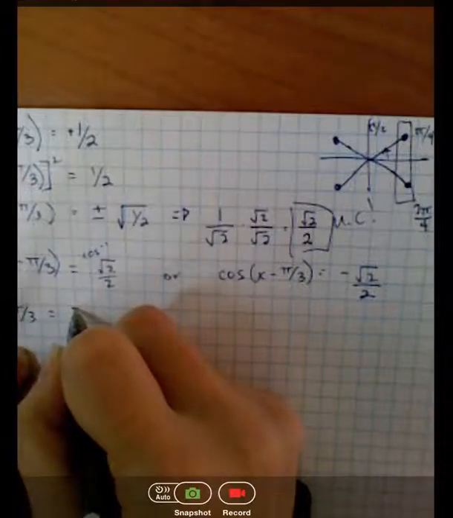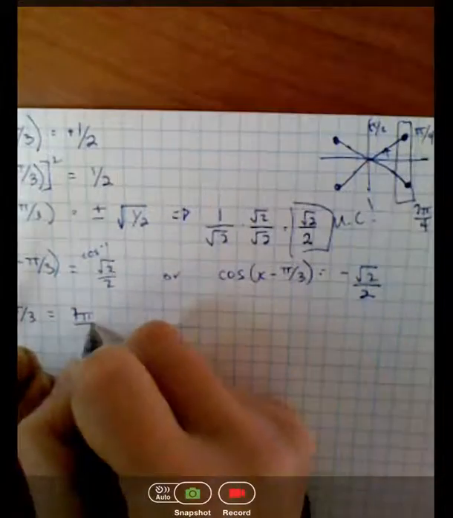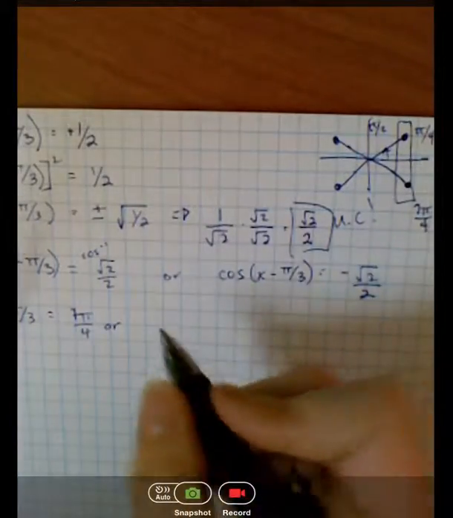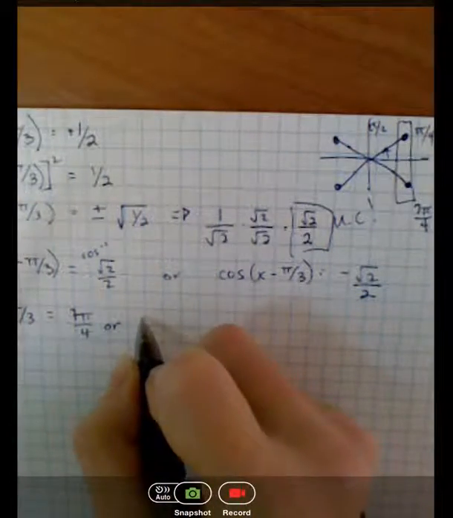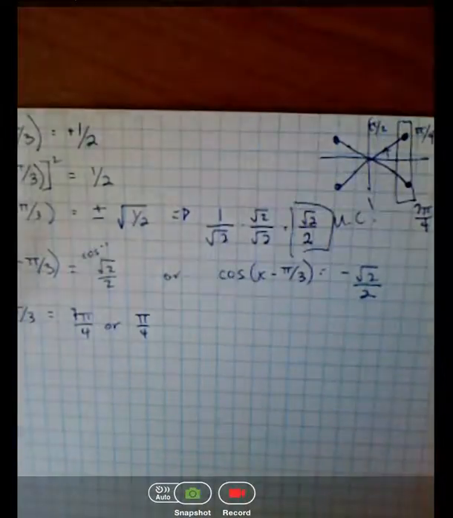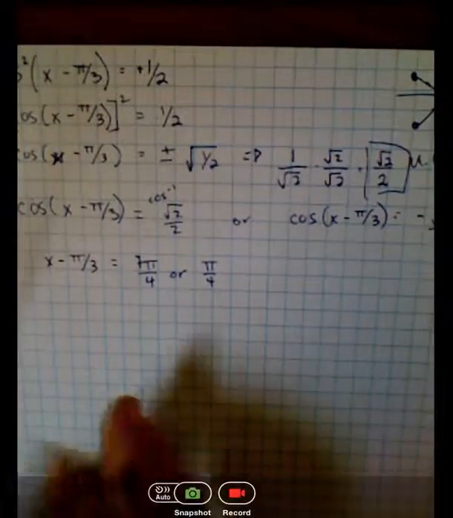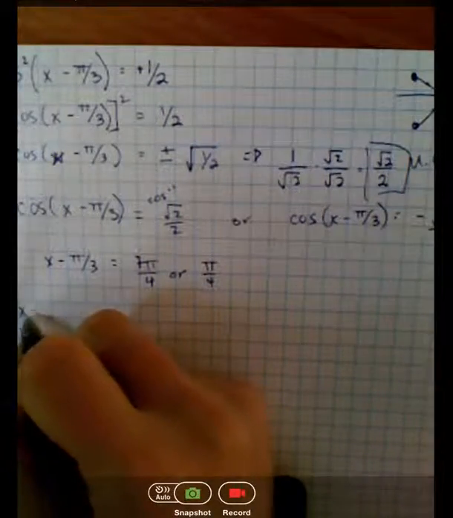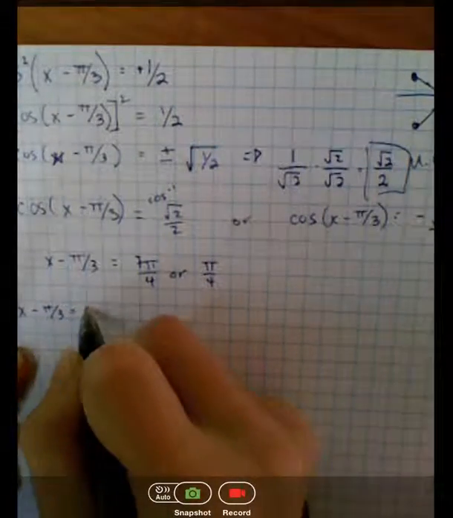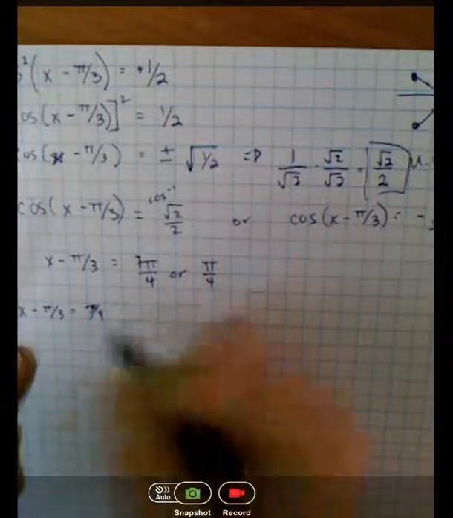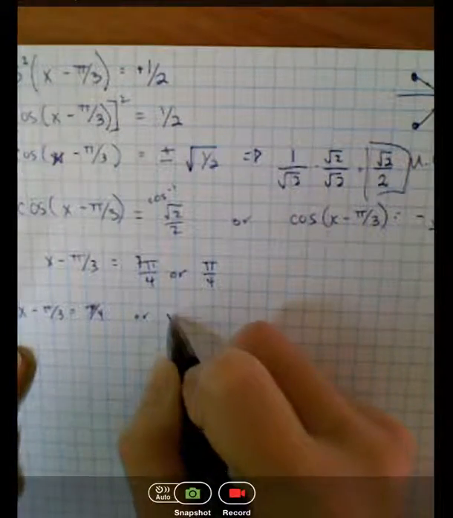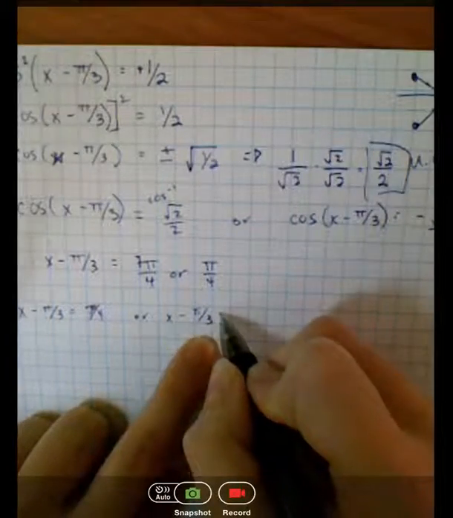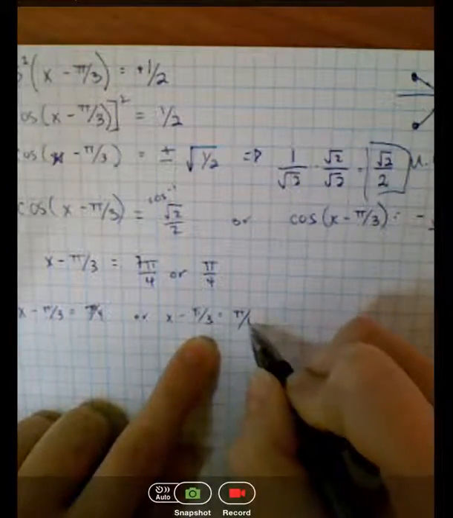Uh-oh, I've got more equations. So it equals this, or this. Now we don't write things that way mathematically, so we're going to break it up one more time into two equations. So I'm going to have x minus pi over 3 equals 7 pi over 4, or x minus pi over 3 equals positive pi over 4.